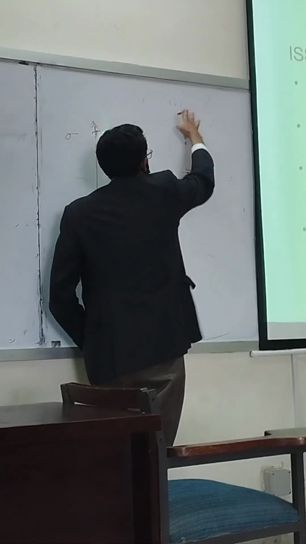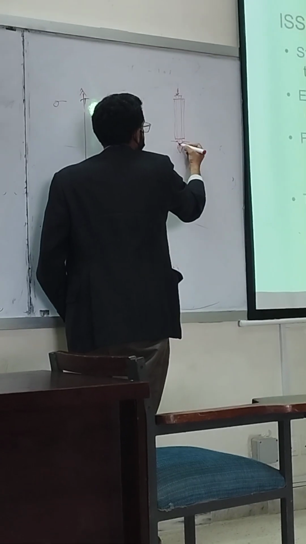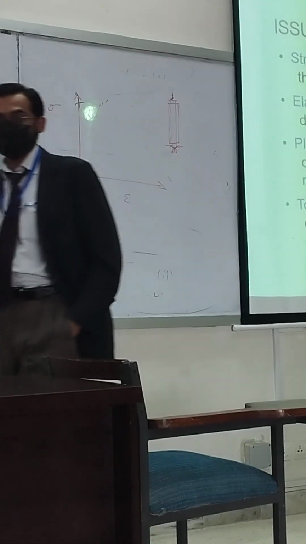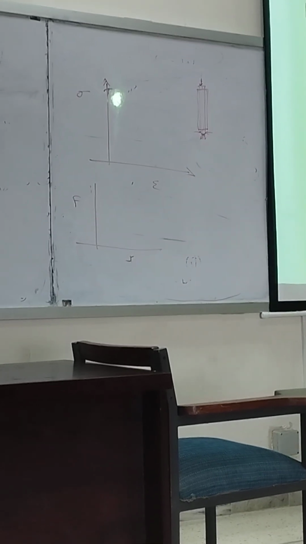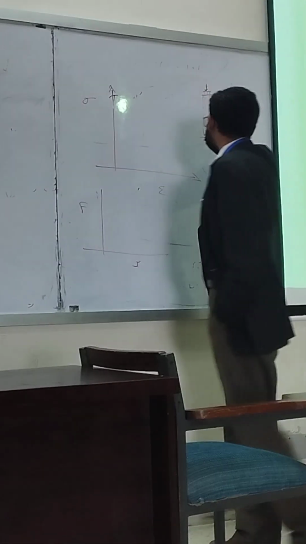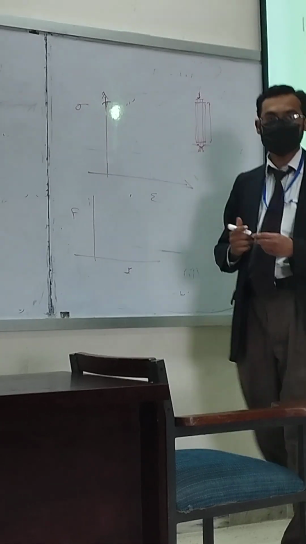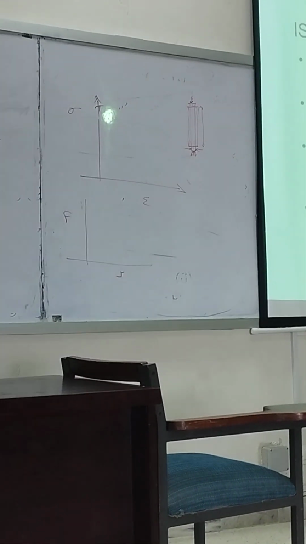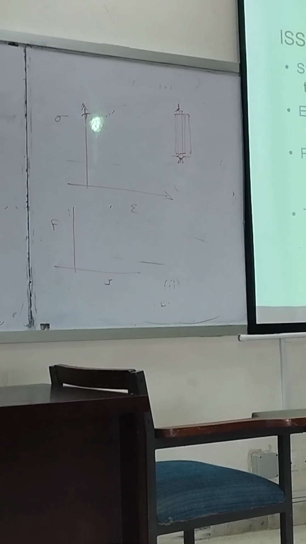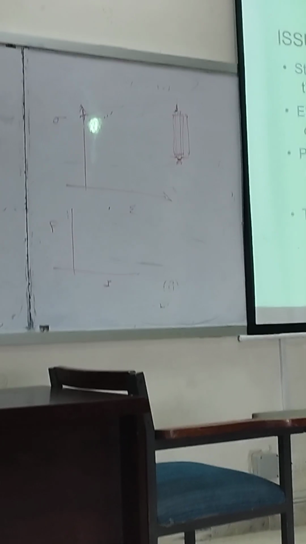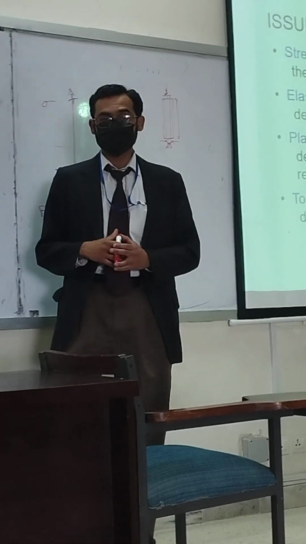If we are going to change the direction, if I am going to compress the component by applying a compressive force, what is going to happen? Decrease in length. The direction of application of the force is going to experience a decrease in the dimension, whereas the transverse direction is going to experience an increase in the geometry or the size, the cross-sectional size, or sometimes also the cross-sectional area.